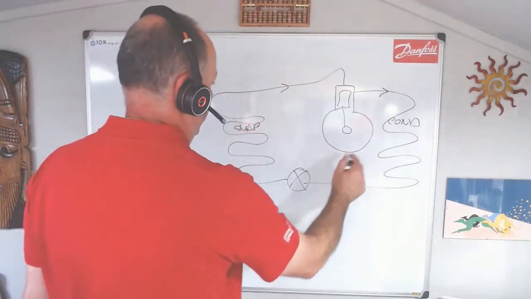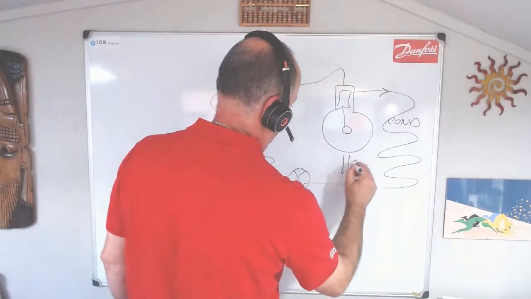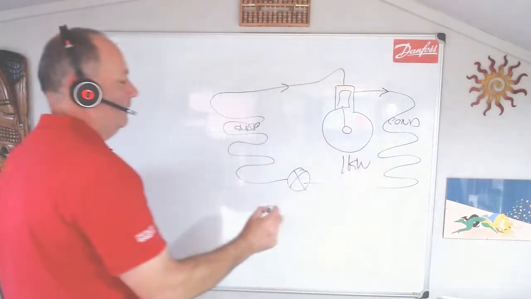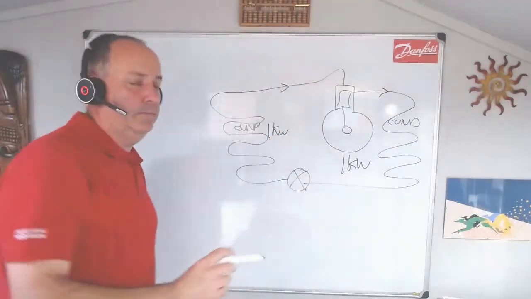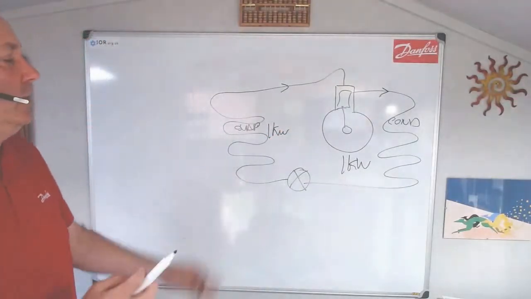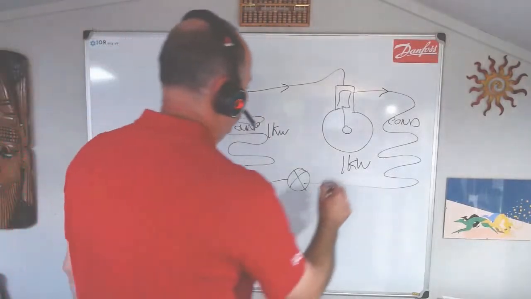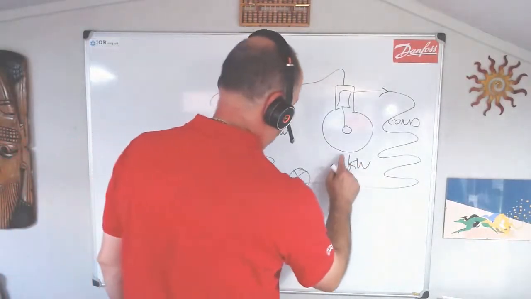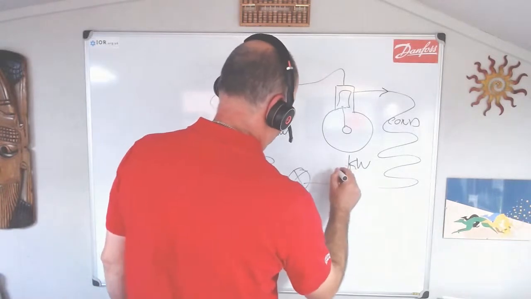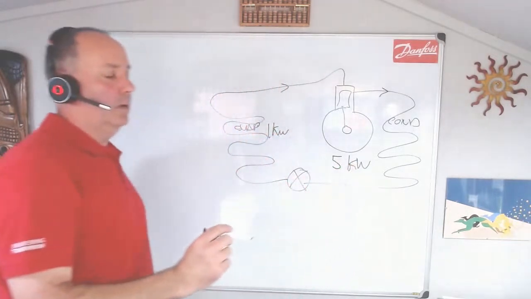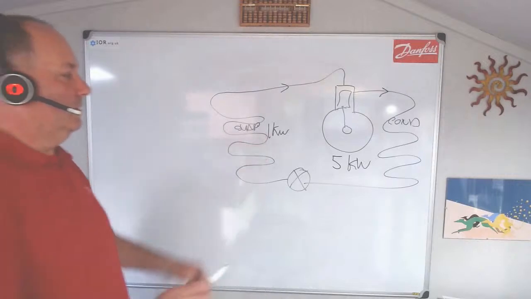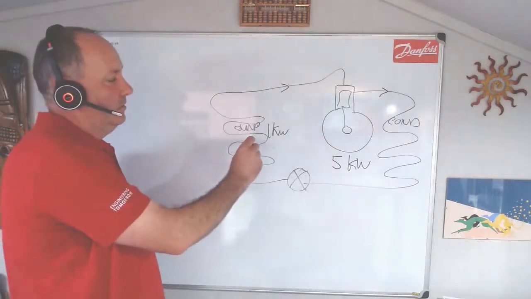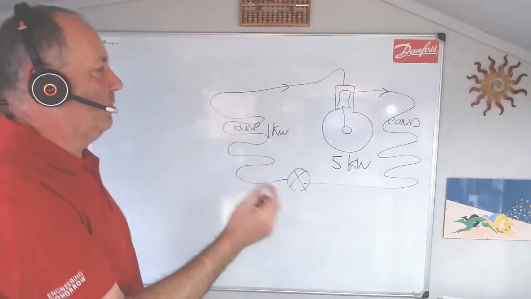Now, the duty of that, if that's, let's keep it simple, 1 kilowatt, then that needs to be 1 kilowatt, roughly speaking. The challenge is, if this is, let's say 5 kilowatt, and our evaporator is only 1 kilowatt, then that's too big for that. So we're not going to evaporate at the right temperature.